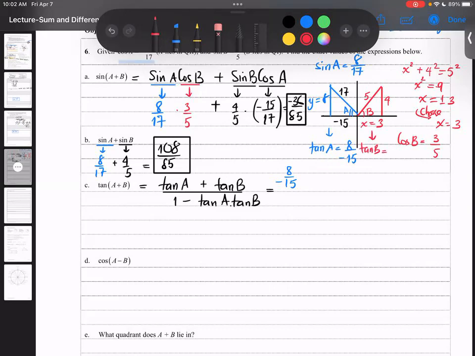So 4/3. Over 1 minus negative A over 15 times 4 over 3.